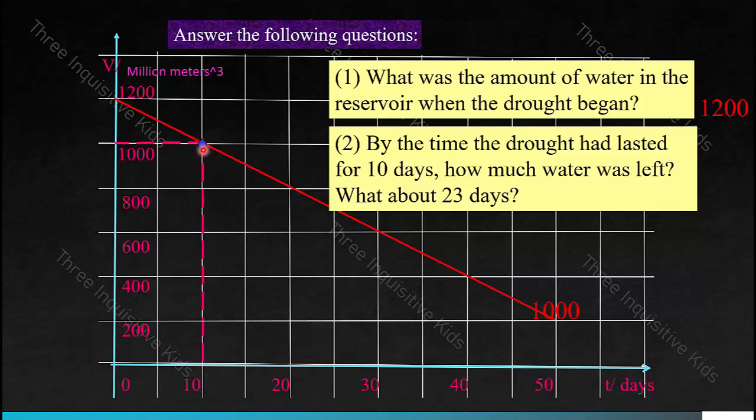So that point right there, you would answer 1,000. And for this point, which is about 23, we don't know what is the y value corresponding to this x coordinate.